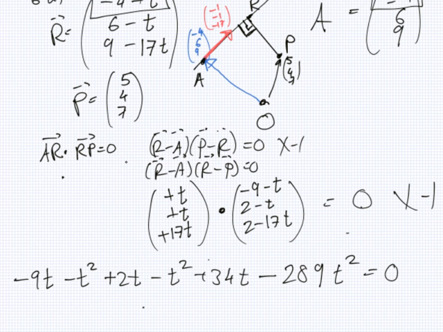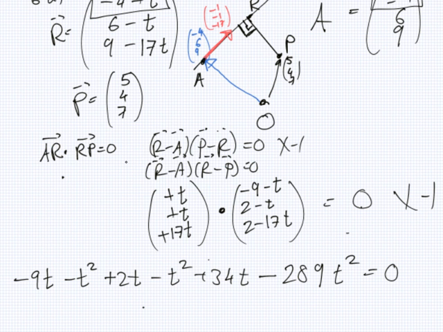Right, what's A? A is minus 291, yeah? What's B? 34 and 2, 36. And minus 9, 27. And the C is just... Is there a C? No. 0. Okay, that's fine.